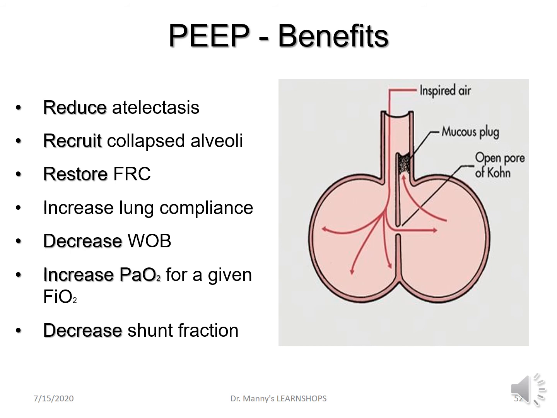Therefore, it also increases lung compliance, may decrease the work of breathing, increase the PaO2 for a given FiO2, and decrease the shunt fraction, which occurs because of dead space within the lung, which is areas of lung that can't participate in gas exchange.